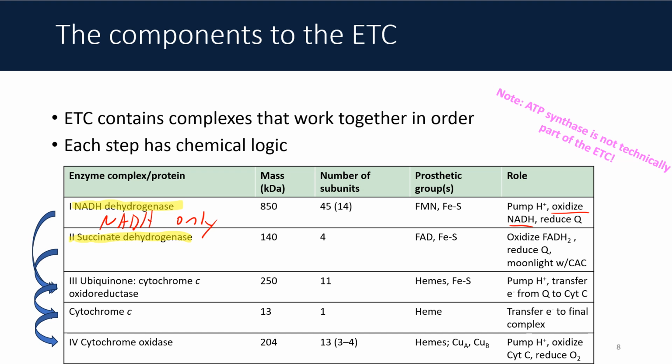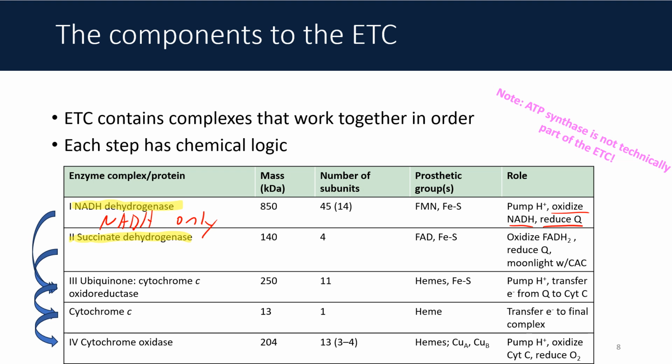And when you oxidize a molecule, another one needs to be reduced. It needs to receive those electrons. And the recipient of NADH's electrons is going to be a molecule called coenzyme Q, or Q for short. This Q molecule is a hydrophobic small molecule that basically surfs through the inner membrane of the mitochondrion.